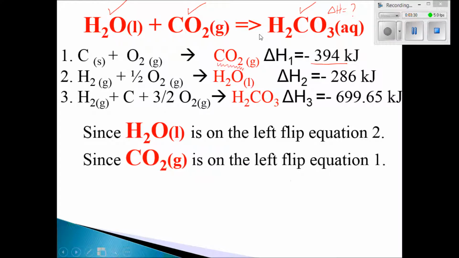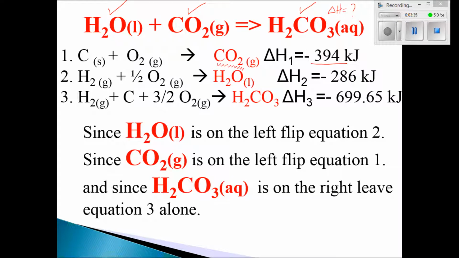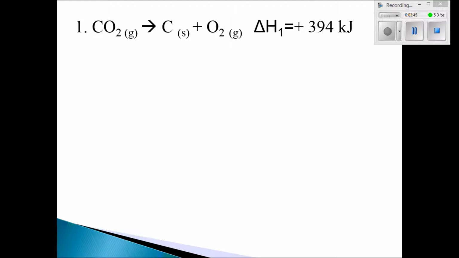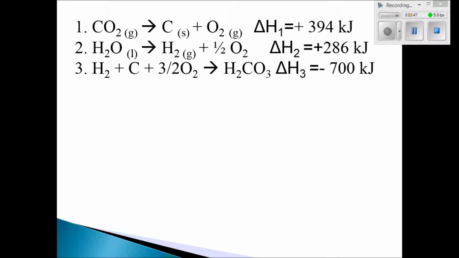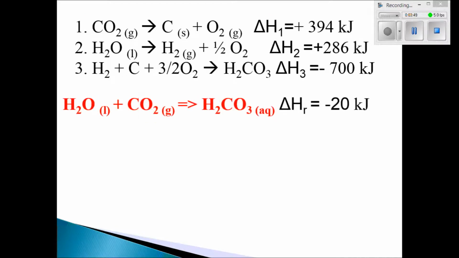We also want to flip equation 1, so it's also a reactant. And we want to leave equation 3 alone. So we change the sign for 1 and 2 and add it to 3, and we get a delta H value. Adding them together, we get negative 20 kilojoules. Now, this is fine, but there's actually a faster way to do this.